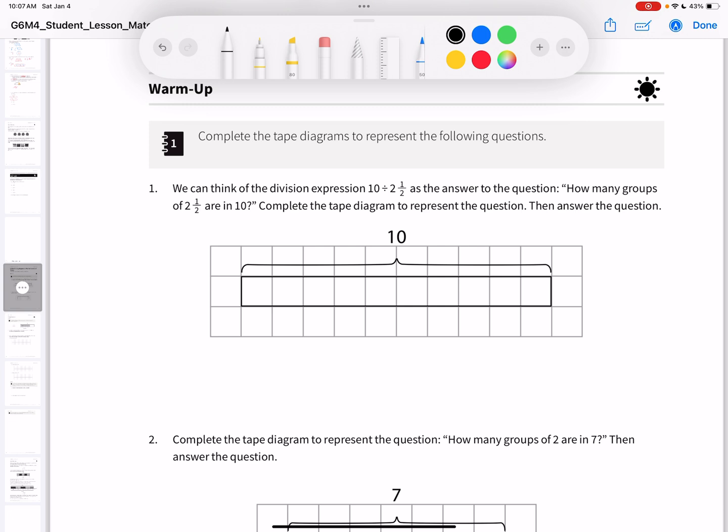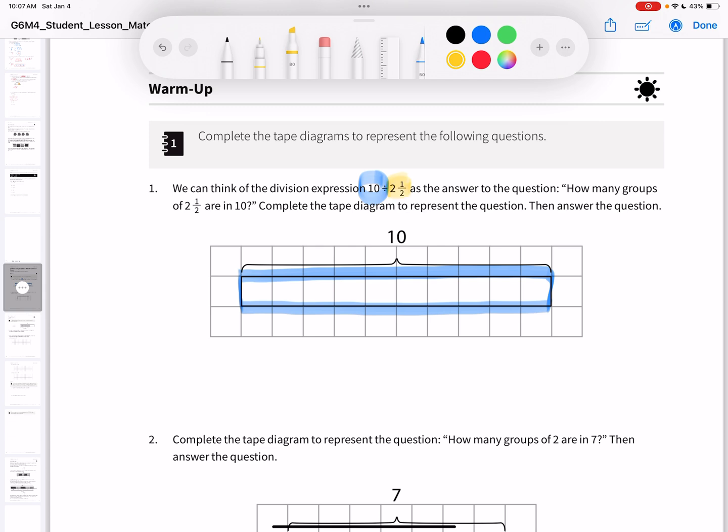All right, so we have a whole of 10. That's our whole, okay? And then we want to split that 10 into 2 1/2 segments, group segments, okay?